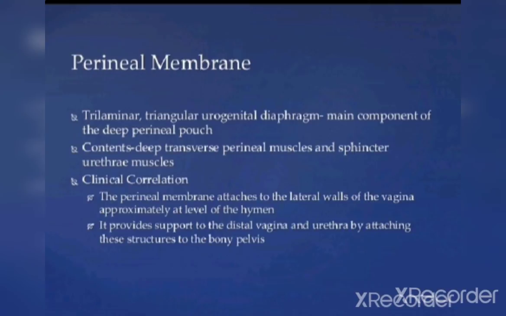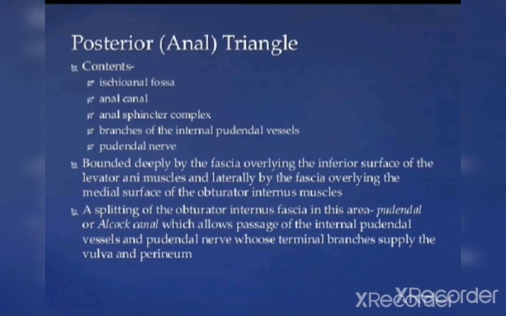Now next is the posterior anal triangle. We have seen the anterior urogenital triangle; now there is the posterior anal triangle. Its contents are the ischio-anal fossa and anal canal, anal sphincter complex, branches of internal pudendal vessels and pudendal nerve.